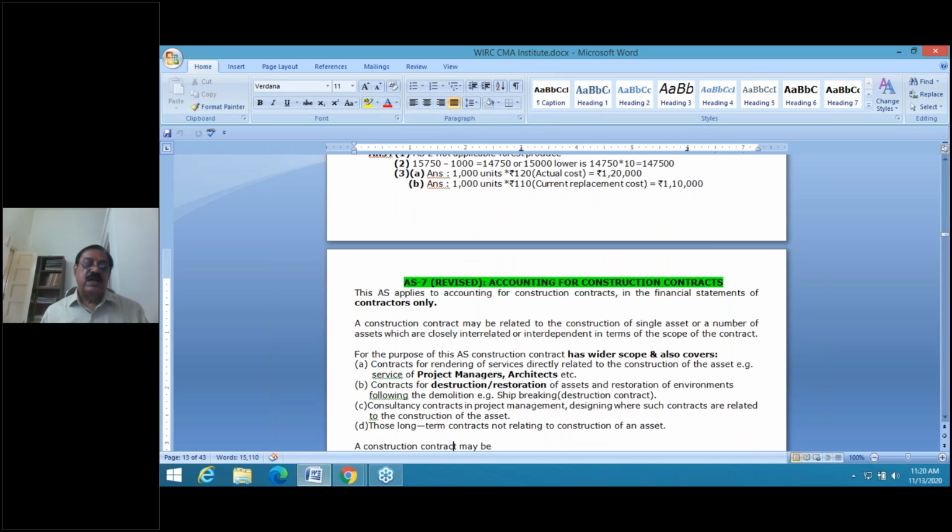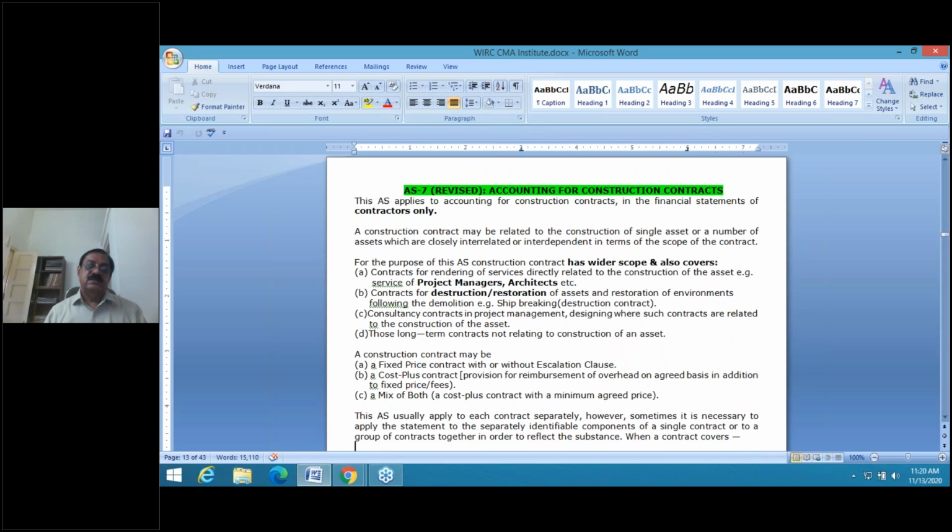Now I'm going to AS 7. So here I have written AS, not Ind AS, friends. Because so far as Ind AS is concerned, initially it was Ind AS 11 for construction contracts, and Ind AS 18 regarding revenue recognition.